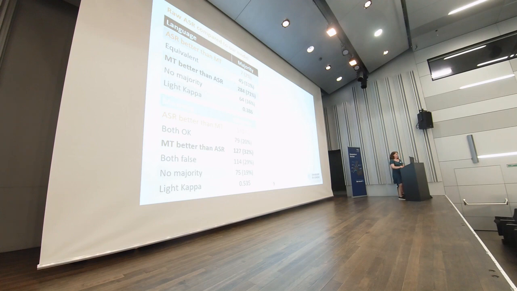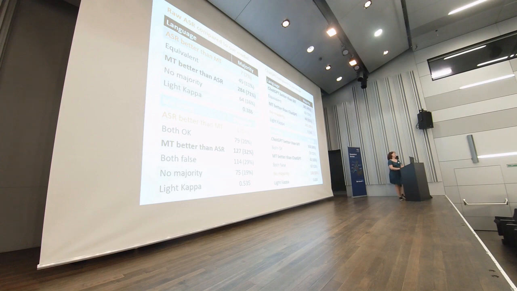For the meaning as well, the output of our system is better by 40%. And what is also important is that there are very few occurrences where the automatic speech recognition was actually better. That's only 2% and 1%. So those results are quite clear cut from our human evaluators.